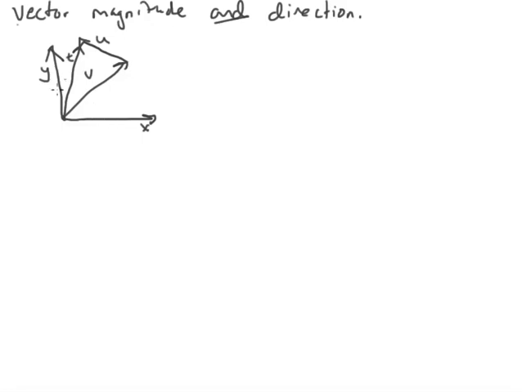So if we draw this in as a little triangle, we'll have the y component of v, and then down here we'll have the x component of v, and we will say that this angle right here is theta.